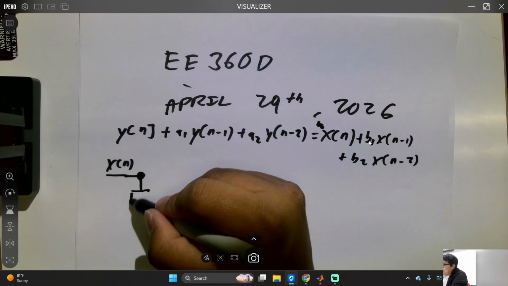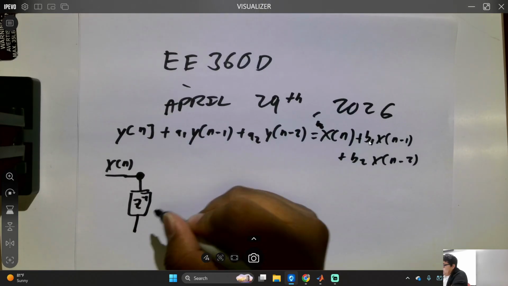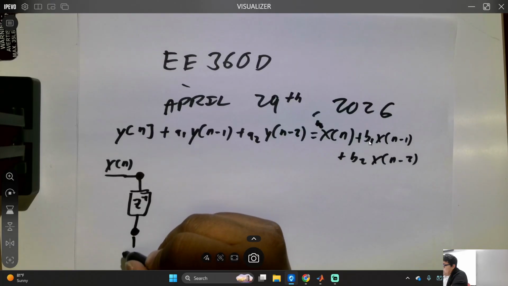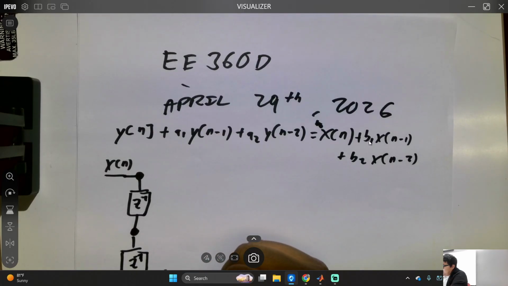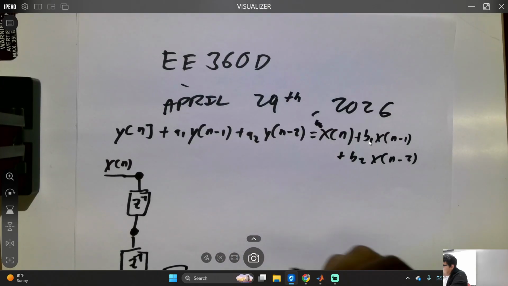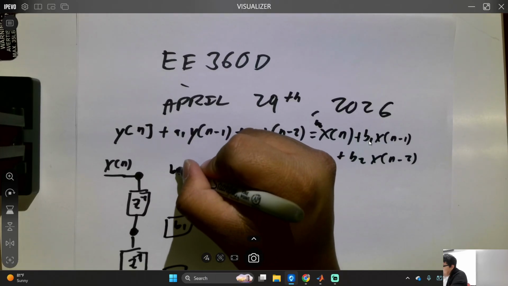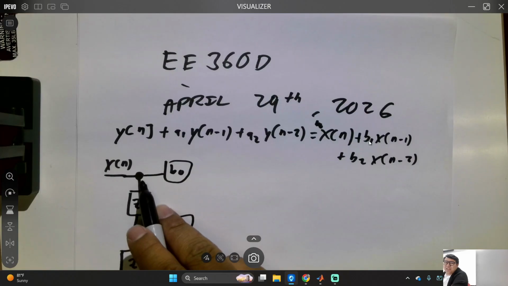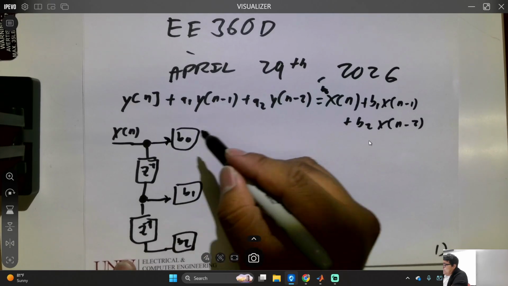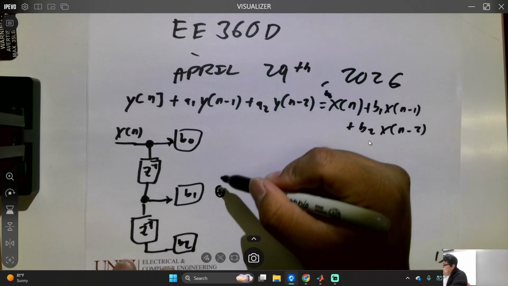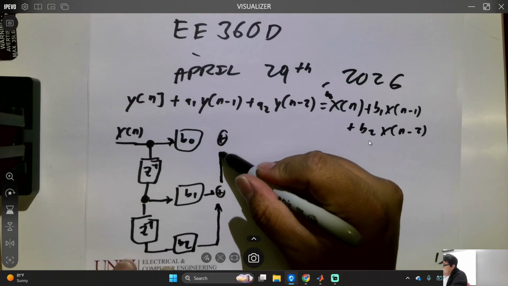Then z minus 1, that's our memory, and another black dot, z minus 1, then b2, b1, b0. Now you understand why I draw the black dots: that's where I trace my line. And there's no plus here, you just go up there. Easy peasy.